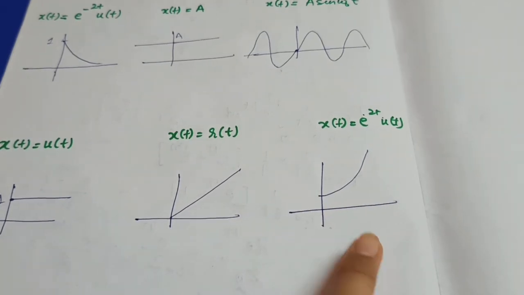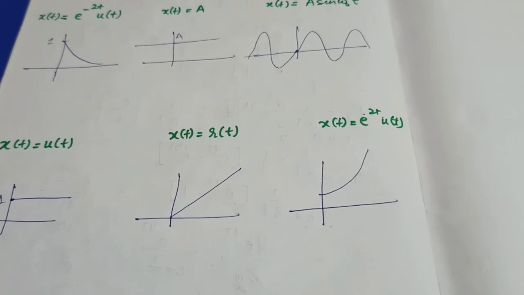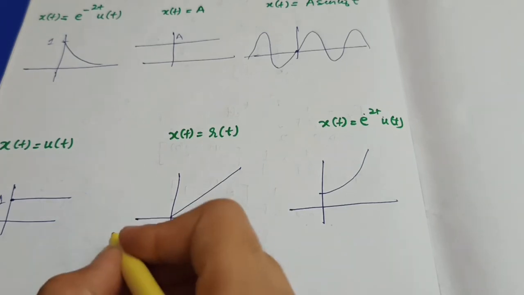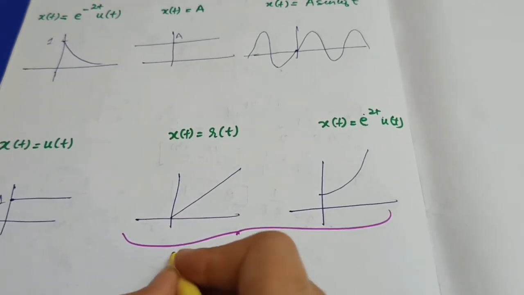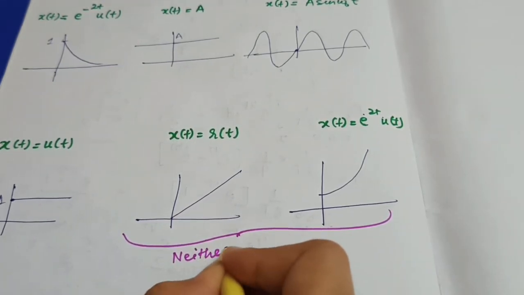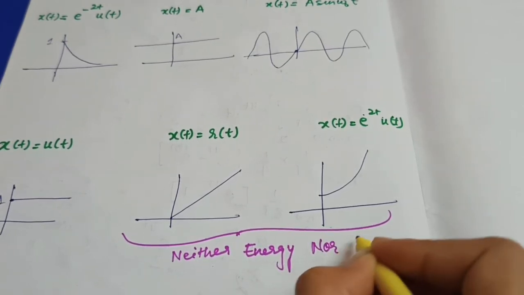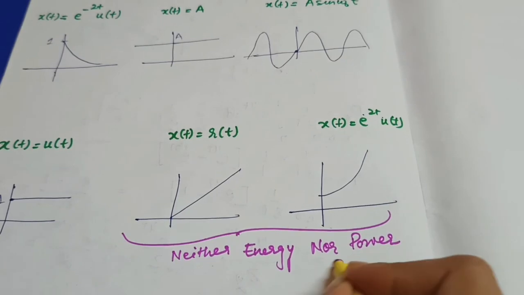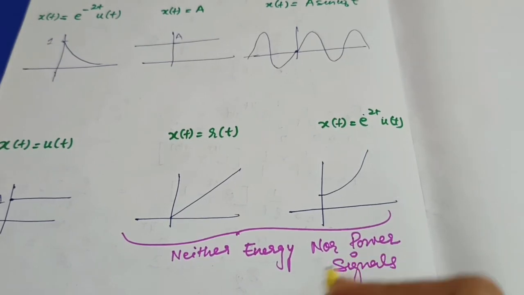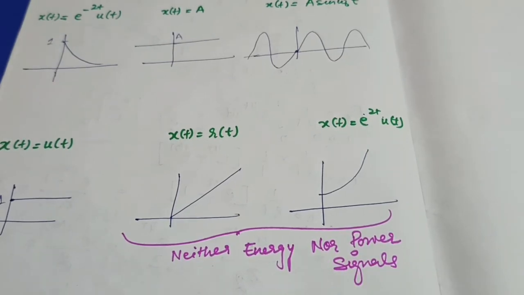And the increasing exponential signal's value will also become infinity. So these two signals are totally unbounded and categorized as neither energy nor power signals. The tan signal will also come under neither energy nor power signals.